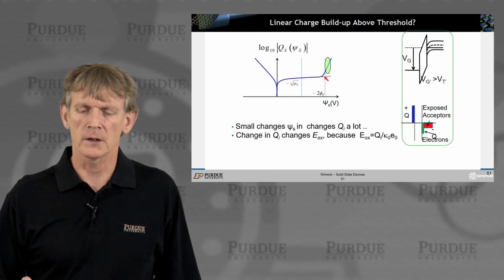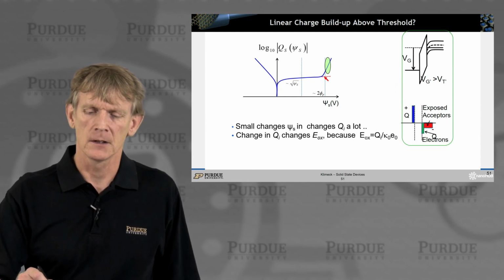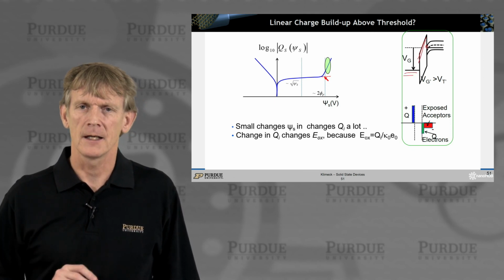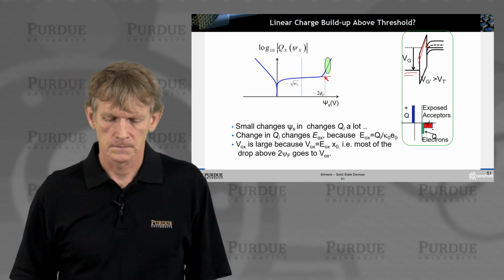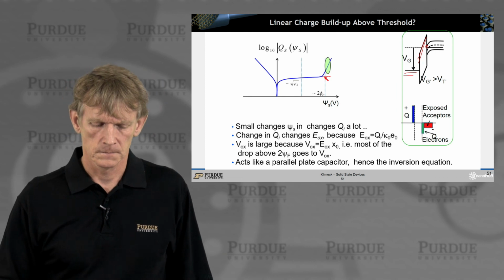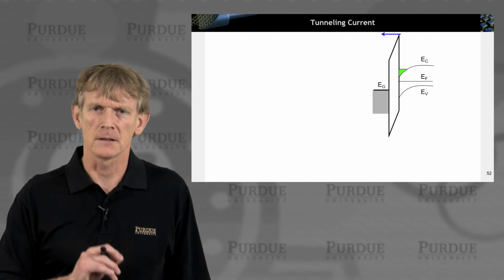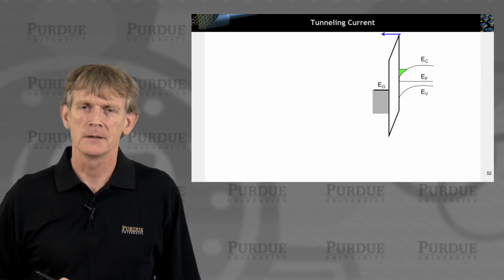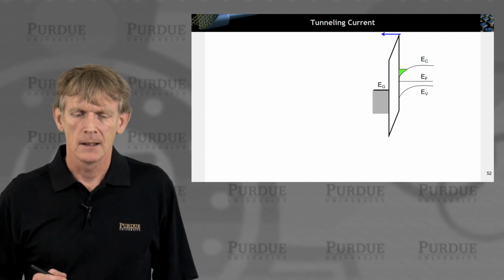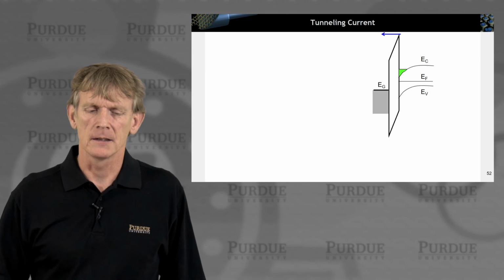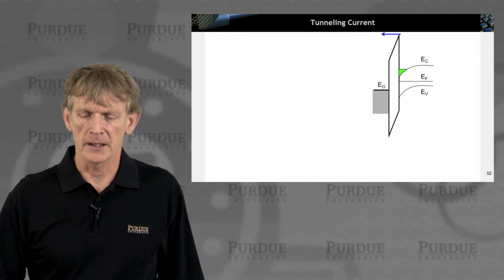So most of the work you do of pulling this down will translate into your lever arm going down and down with very little action on the inversion layer. So it's like I said, a parallel capacitor.